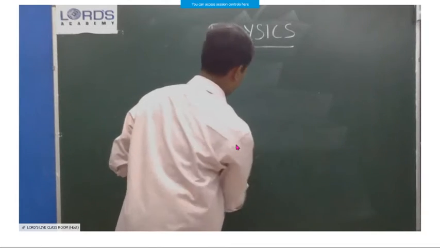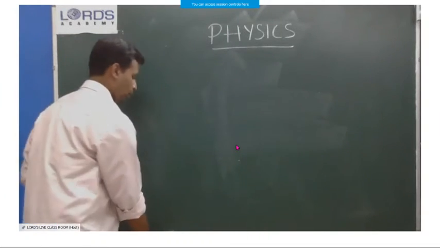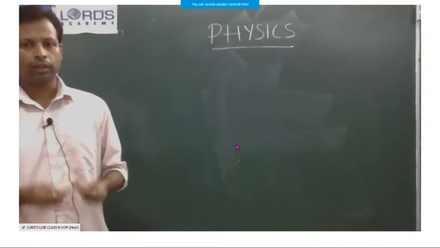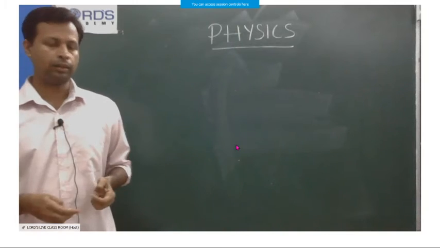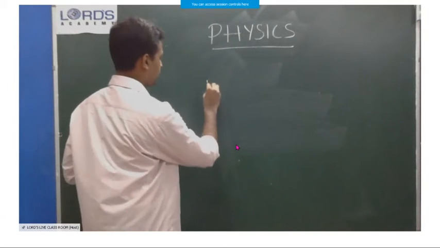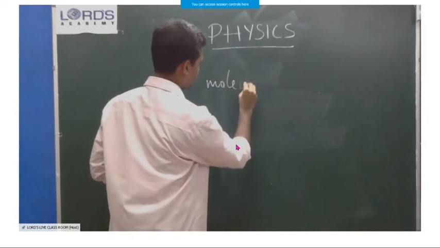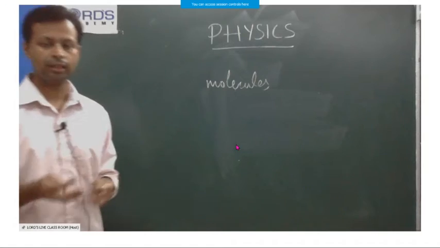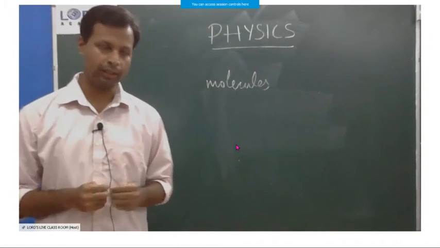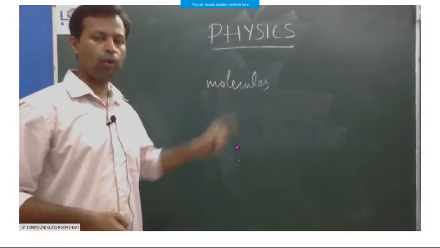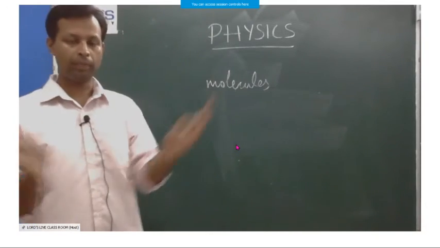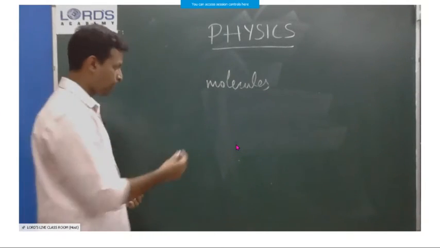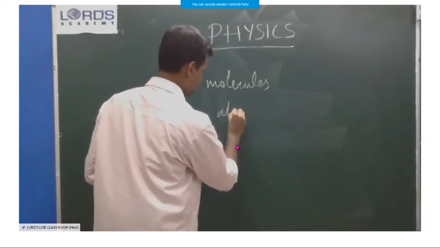Now we will see what matter is composed of. The most tiny particle that we come across is the molecule. Matter is made up of tiny particles called molecules. These molecules make up a bigger matter. And these molecules are again made out of atoms.